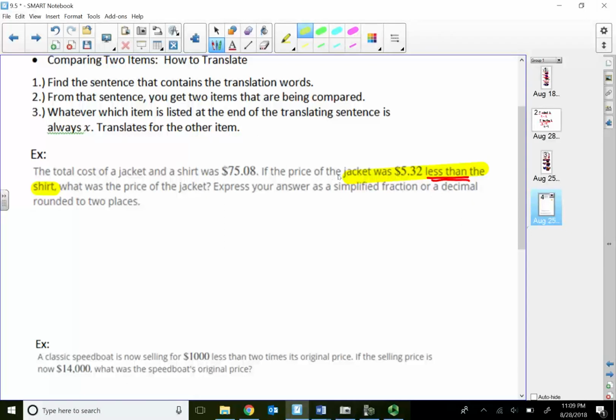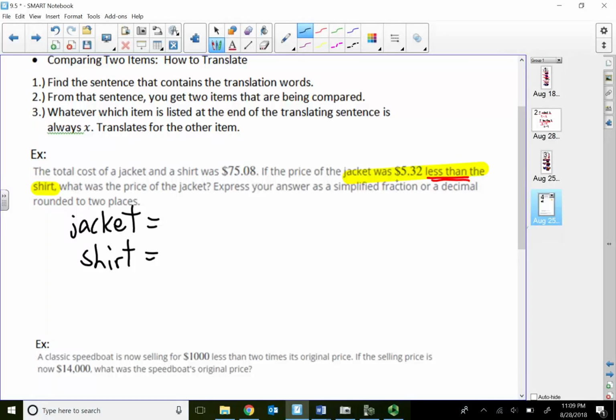All right, so who are we comparing? From this sentence, you get two items that are being compared. I'm comparing between the jacket and the shirt. So I'm going to write down the names of my two items, jacket and shirt.